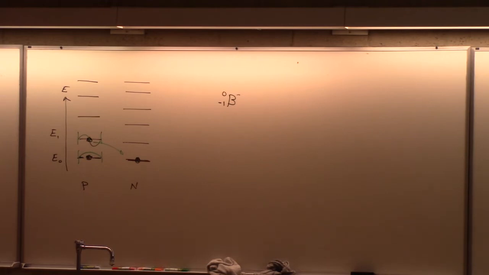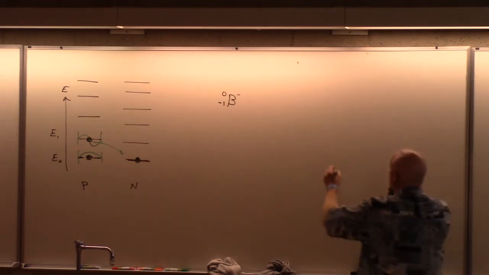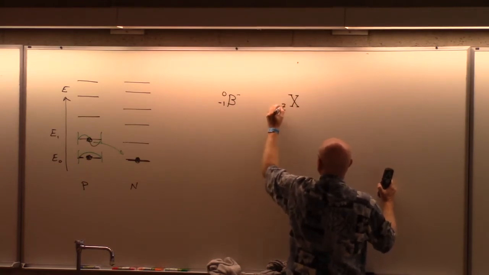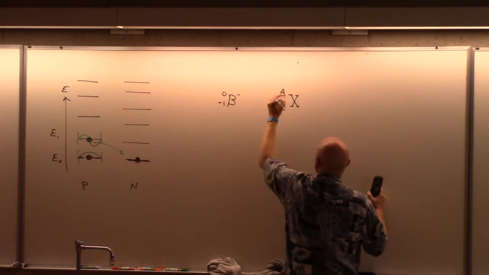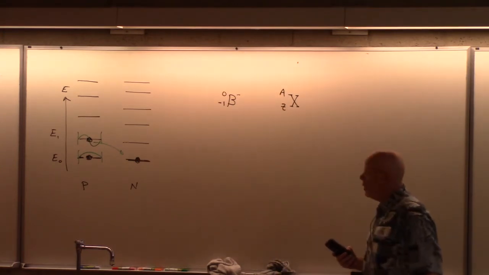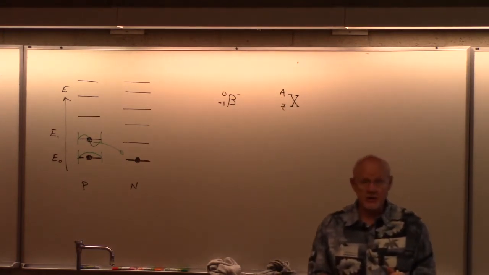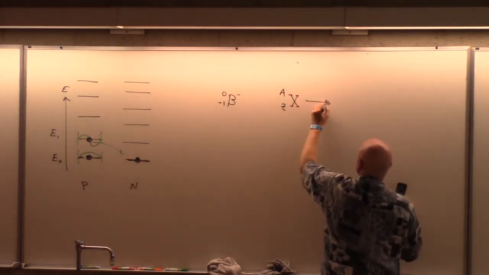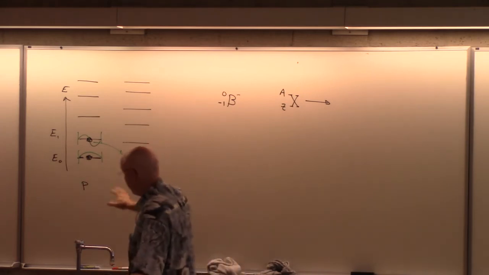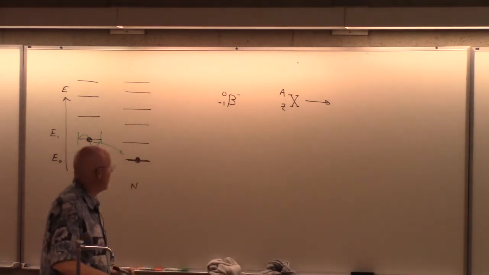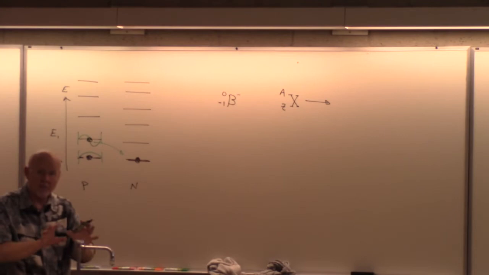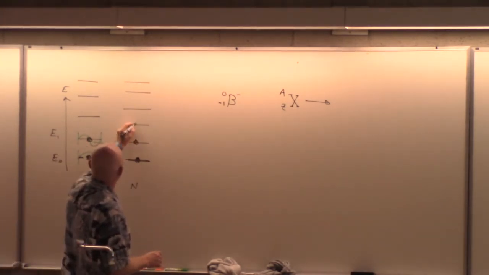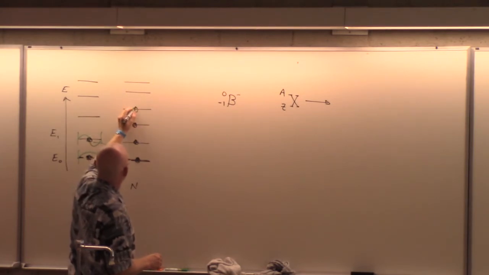So let me start with the general idea that I have an element that has an atomic number of Z and a nucleon number of A. So it starts here. And as I was trying to say in this little energy chart here, let's just say that it has too many neutrons. So let me put a neutron here, and a neutron here.